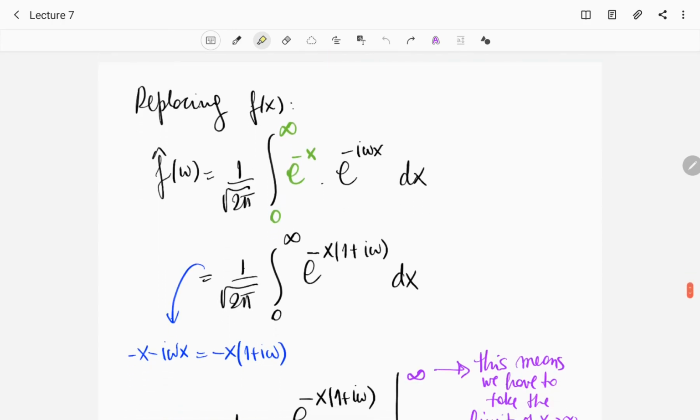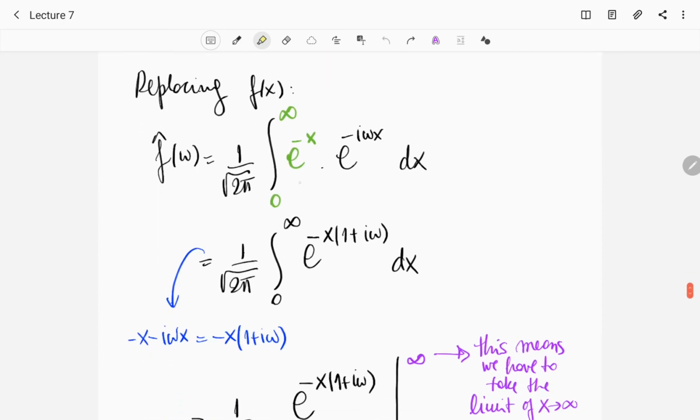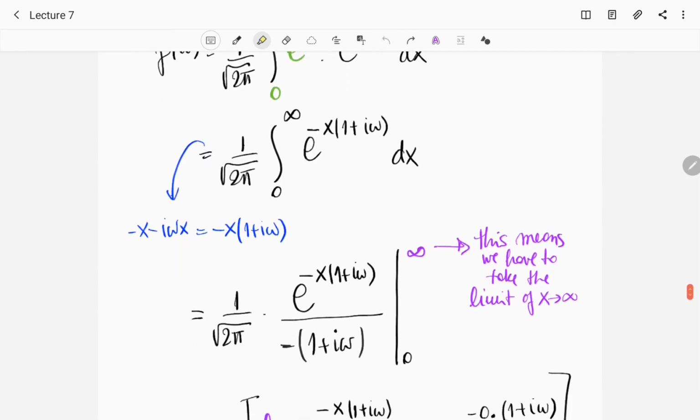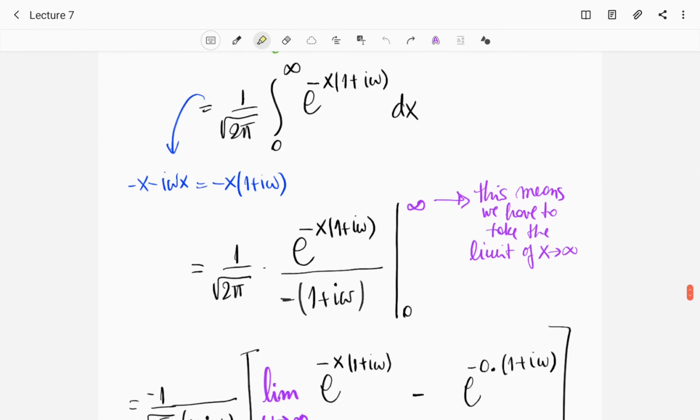So we have to compute this integral, an antiderivative of this function. We can rewrite this expression with a common factor of x, because x is here and x is here, so we just take it as a common factor. That's what we have here written. And now we look for an antiderivative of this function, which is this guy.